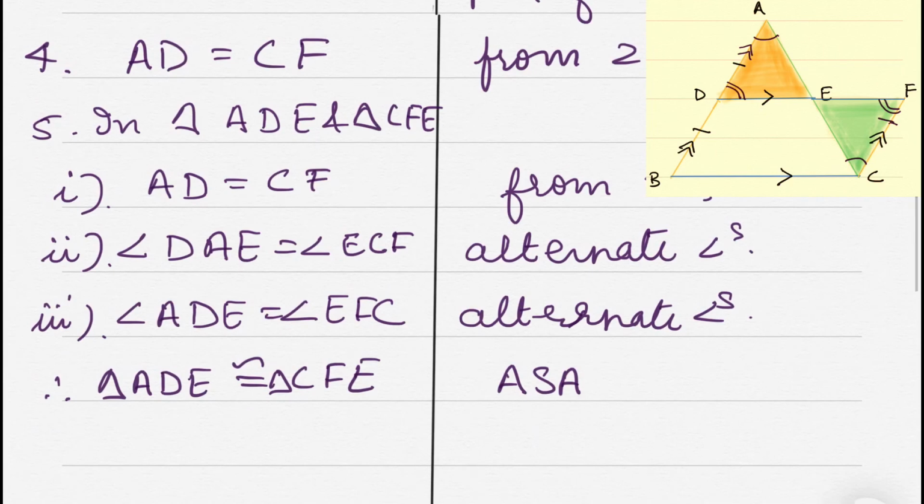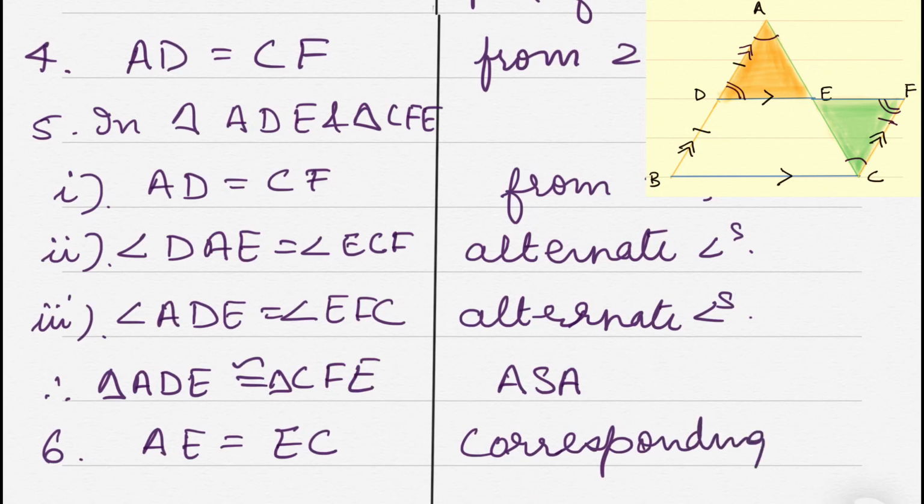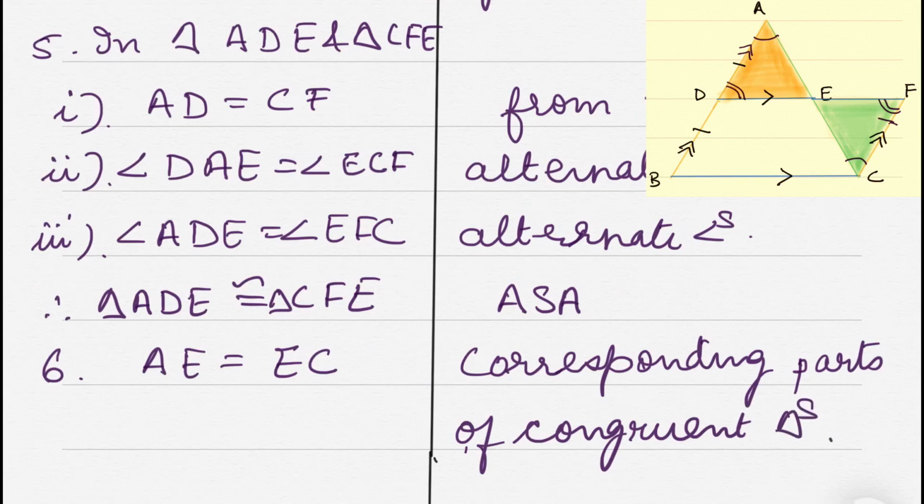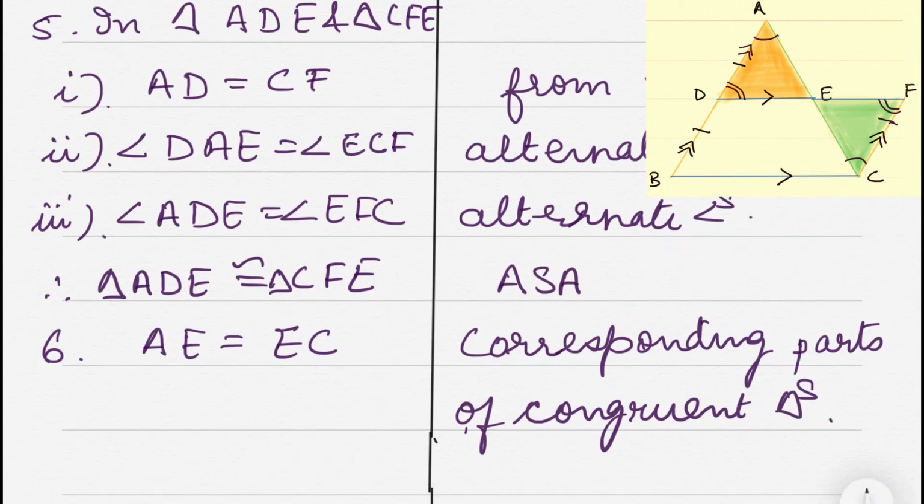Okay, so now therefore I can say that AE is equal to EC, as CPCT or the corresponding parts of congruent triangles. Correct? So we have proved that AE is equal to EC. That's what we were supposed to prove.